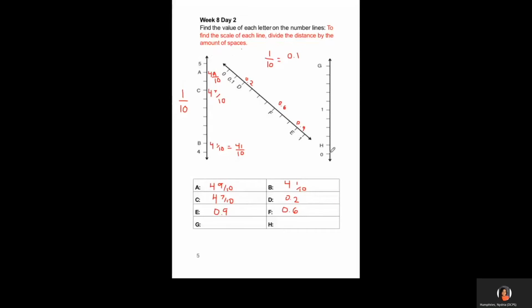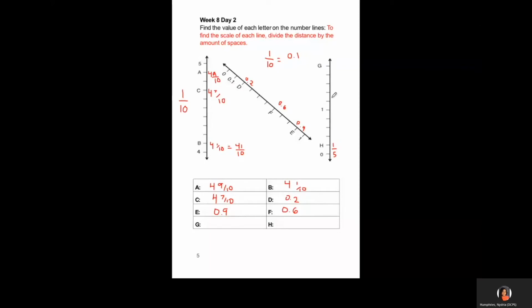If the same amount of spaces is from 1 to G, we know that they're equal, right? So let's see. 1, 2, 3, 4, 5. So we know for sure that H is a fifth, because the distance between 0 and 1 is 1, and then there are 5 spaces. So our denominator is 5.